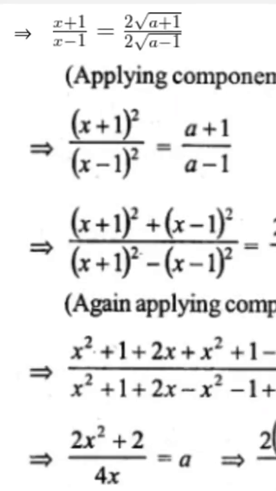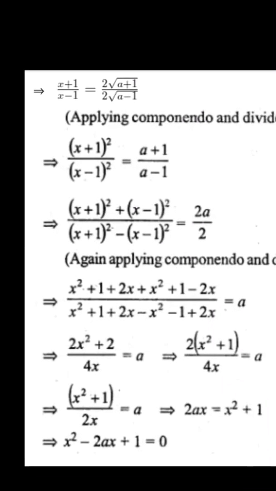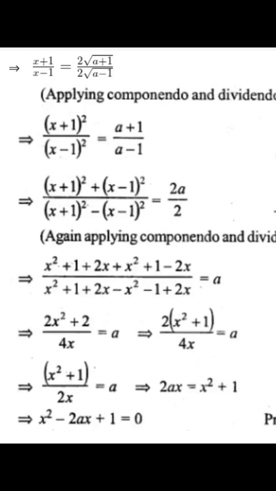Once you do that, on the right hand side you get twice square root of a plus 1 upon twice square root of a minus 1. The 2 is cancelled from both sides, and what I get is (x plus 1) upon (x minus 1) is square root of a plus 1 upon square root of a minus 1.